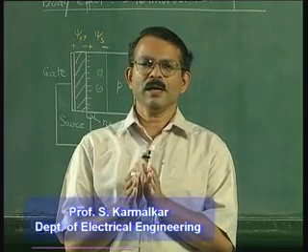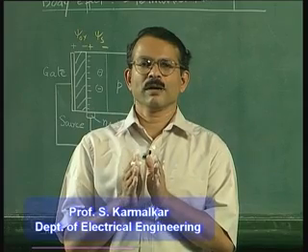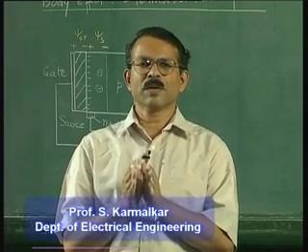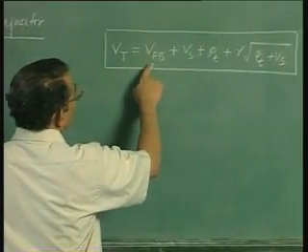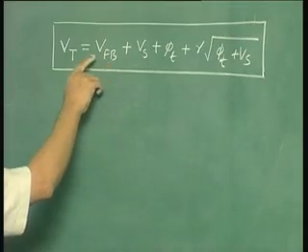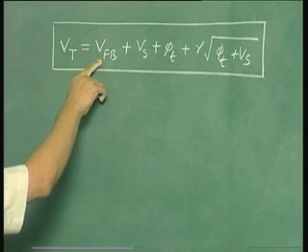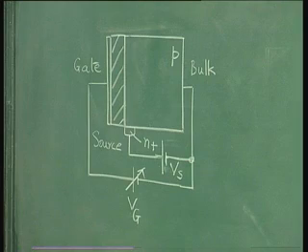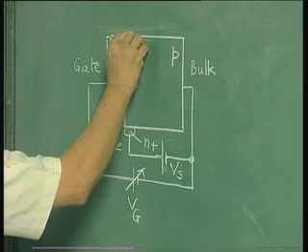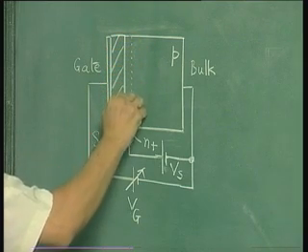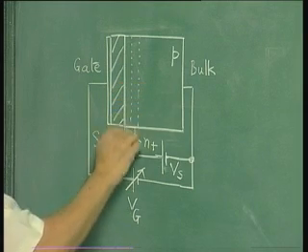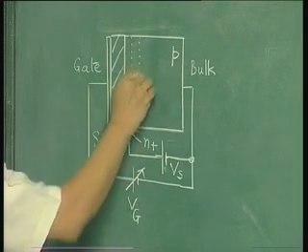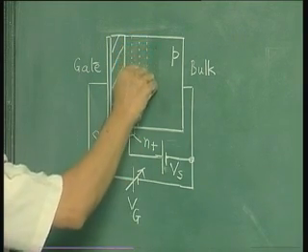It will continue to increase until you have your gate voltage equal to the threshold voltage as explained earlier and as written in this expression. So until you reach this value of Vt, your depletion width will go on expanding. So your depletion region first is here for small Vg, then it expands further as you increase your Vg further.